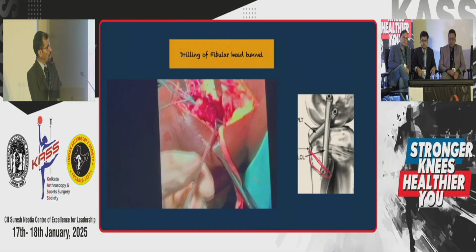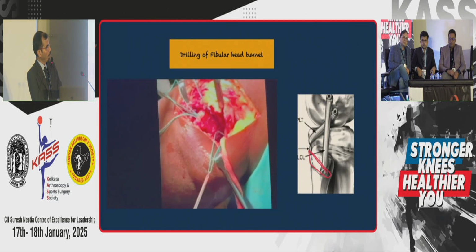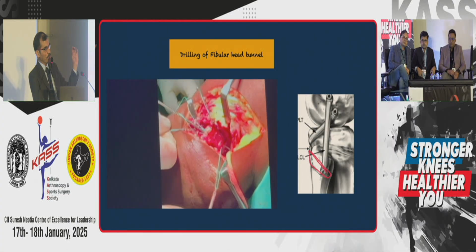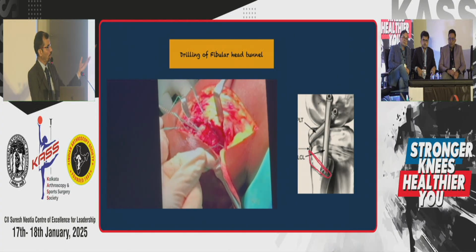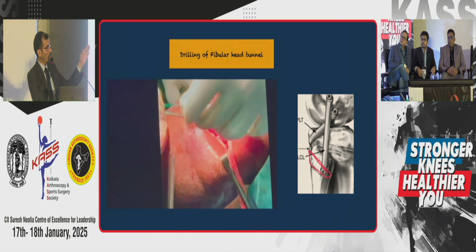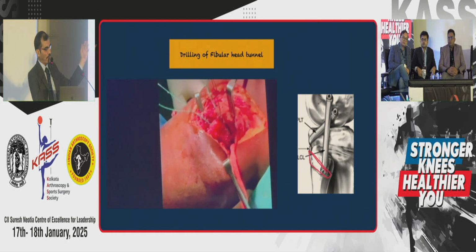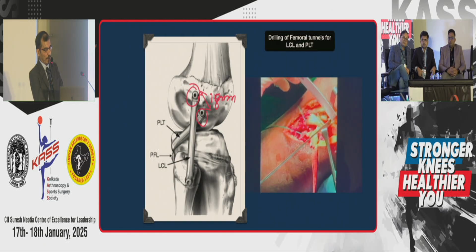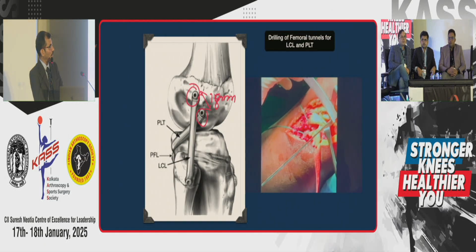And for the fibular side, again you make the fibular head tunnel, where you pass from anterolateral to posterolateral. You can use a jig for that, or you can go freehand, but make sure you use a curette on the posterior aspect so that the drill doesn't overpass or damage any of the structures there. On the femoral side, you have to make 2 tunnels.